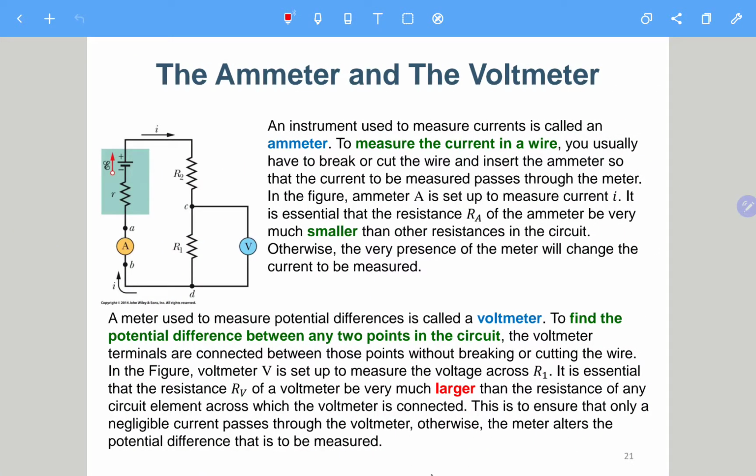Okay, so here we talk about the ammeter and the voltmeter. The ammeter is used to measure the current, and the voltmeter is used to measure the voltage. Just very trivial. And actually, the ammeter should be in series with the current you need to measure, and the voltmeter should be in parallel with the voltage you need to measure.